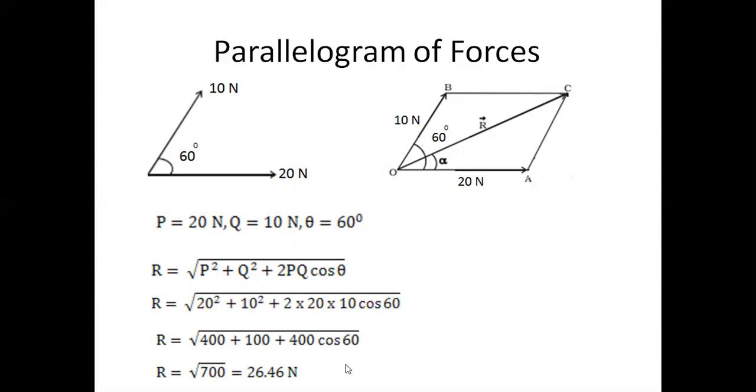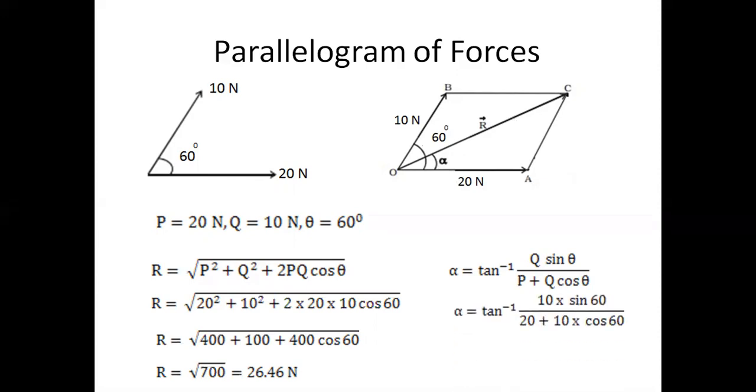This is the magnitude. Now we will calculate the direction. Direction means the angle alpha the resultant force makes with 20 newtons. We have a formula for alpha: alpha equal to tan inverse Q sin theta by P plus Q cos theta. Substituting the values, alpha equal to tan inverse 10 into sin 60 by 20 plus 10 into cos 60. This comes around 19.11 degrees.